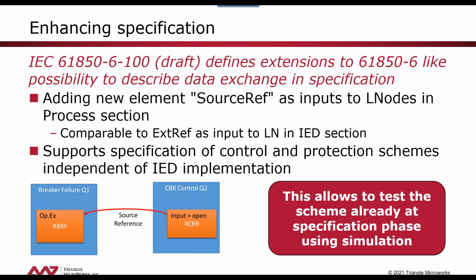This is comparable to the XREFs that are inputs to the LNs in the IED section. But with that, when we create the specification, we can already define the details of our protection schemes. Like Thomas mentioned, he would have the possibility in the future to do that. And as he mentioned as well, this allows us to test the scheme already at the specification phase using simulation, and that's what we will see later on in the demonstration.